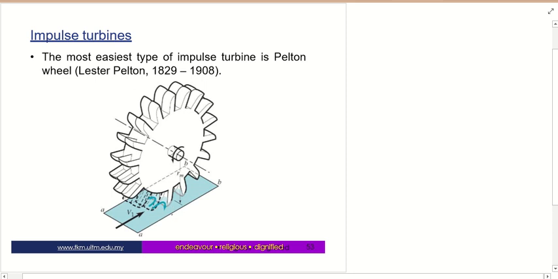Here V1, the absolute velocity, is a high-speed jet of water that strikes the Pelton wheel bucket and is deflected.